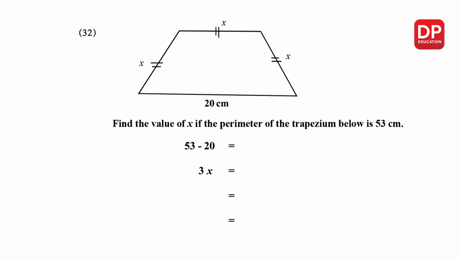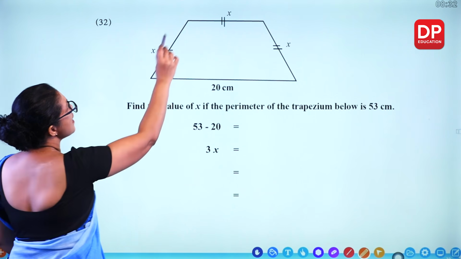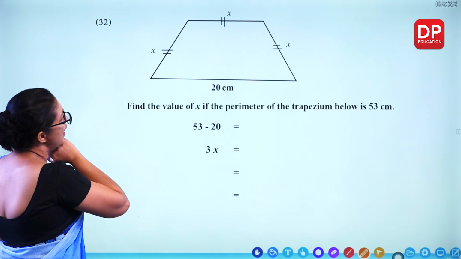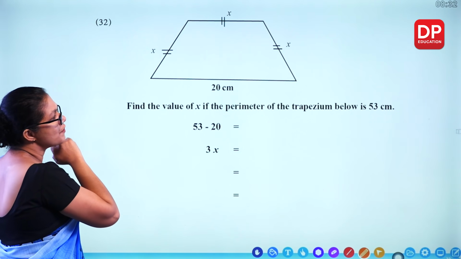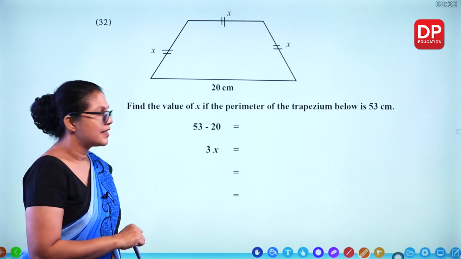This one, similar to that one, this is x, x, x. Find the value of x if the perimeter of the trapezium is 53.